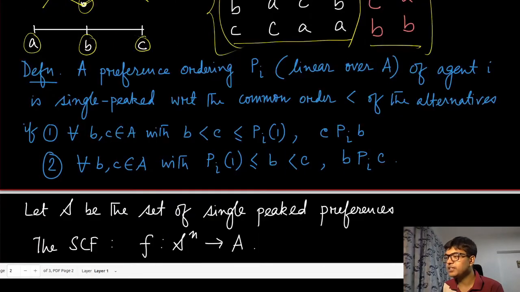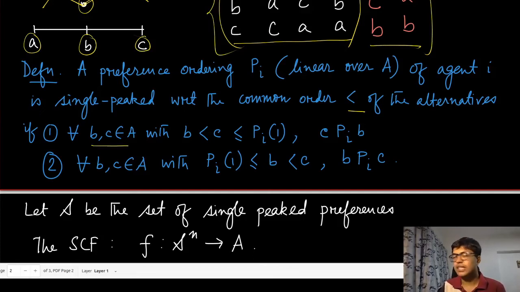Let us make it a little formal. A preference ordering Pi, which we assume to be a complete linear ordering over A with no indifferences, of agent I is single peaked with respect to this common ordering of these alternatives if 2 conditions hold.